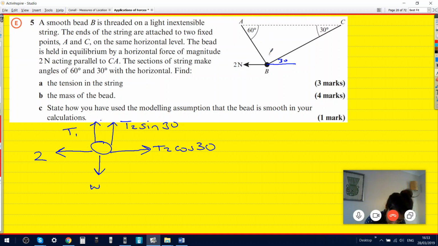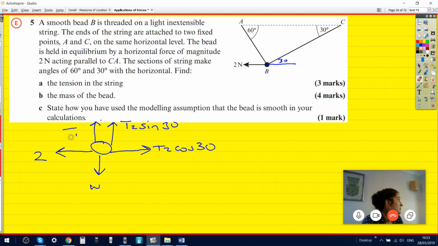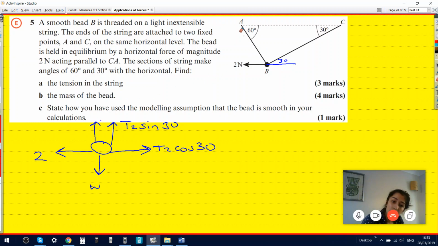T2 sine 30 and T2 cos 30, and then just T. This one is going diagonally, so it's going to have a vertical component and a horizontal component. T cos 60 and T sine 60. Which is which?